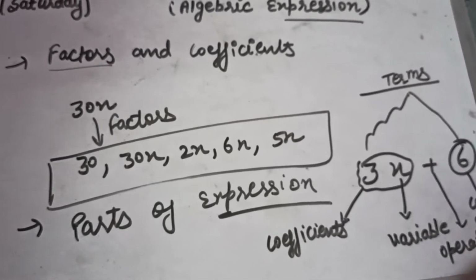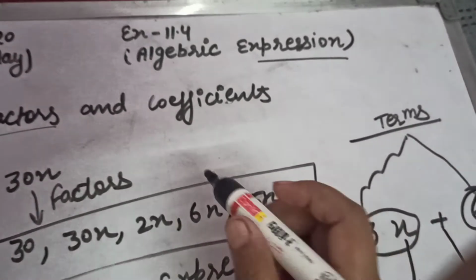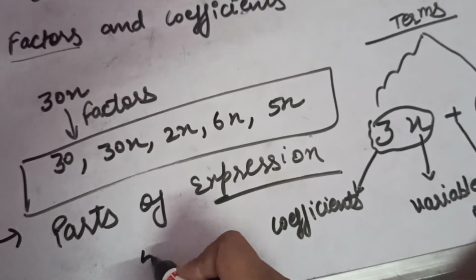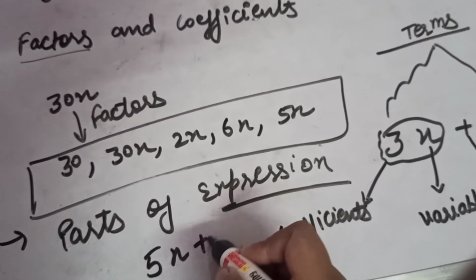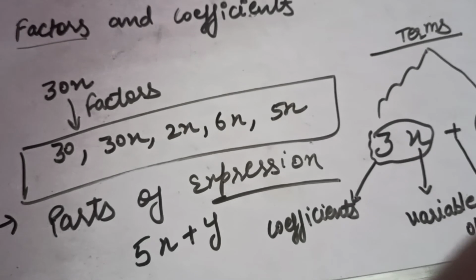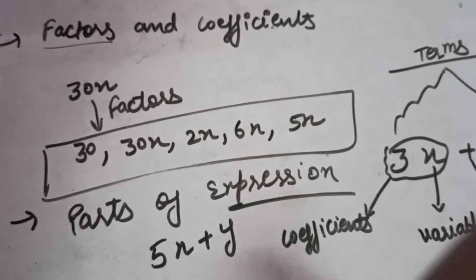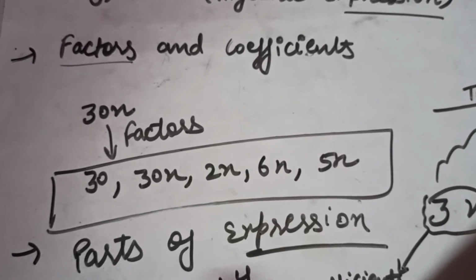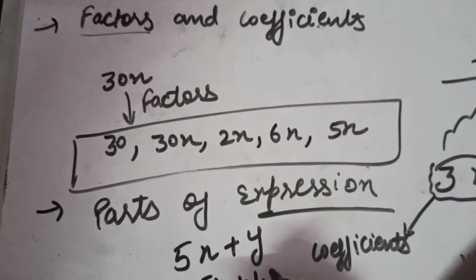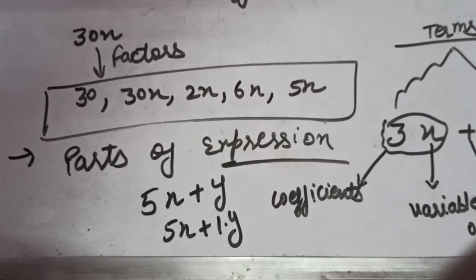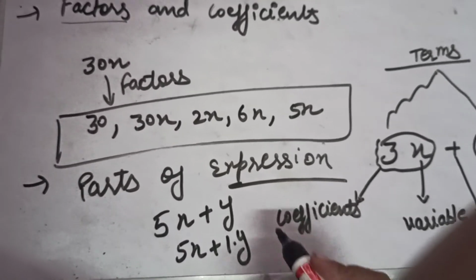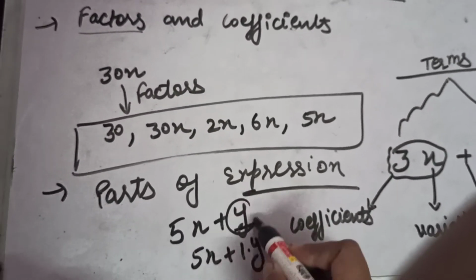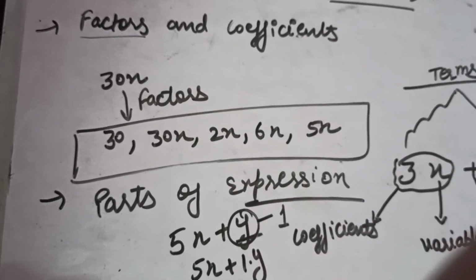After that, see, if an expression is written like this, 5x plus y, it means the degree of this polynomial is 1. And second thing, you can write this one like this also. Clear? If a single y is written here, it means the value of this is 1y.